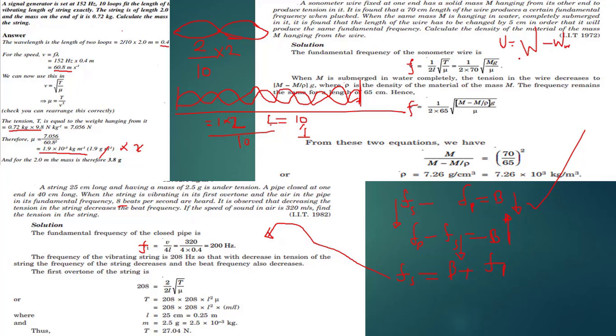So imagine it kwenye fluid, tension ambayo inabaki kwenye string ni ile weight in water. So weight in water ni sawa na weight in air minus upthrust. But we know weight in air ni sawa na mass of body times gravity. But upthrust, if we can recall, upthrust ni sawa na weight of fluid displaced. Okay, upthrust ni sawa na weight of fluid displaced.